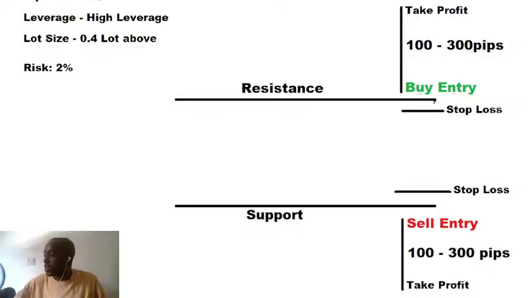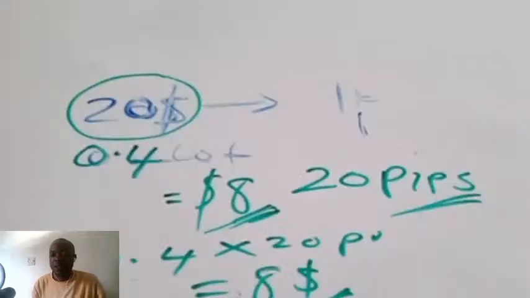That means our stop loss will be around 20 pips. 0.4 lot size multiplied by 20 pips, which is $8. That's what we will risk, as you can see from the screen.